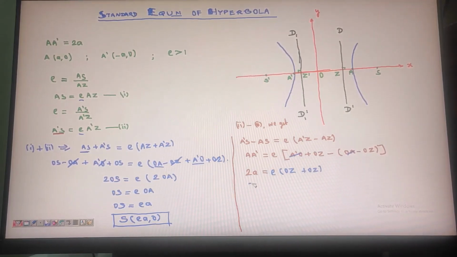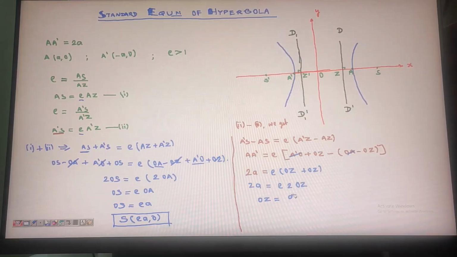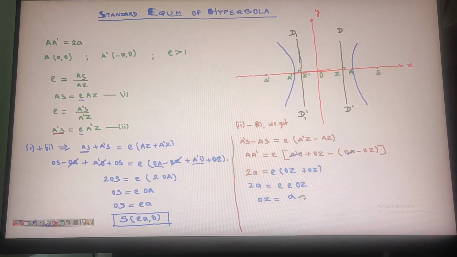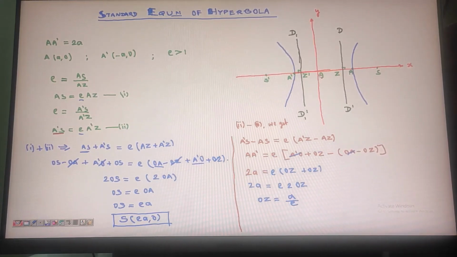So I am getting 2a is equal to e times 2OZ, 2 will get cancelled, so OZ is equal to a by e. So OZ is a by e.